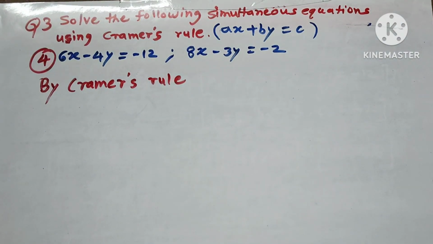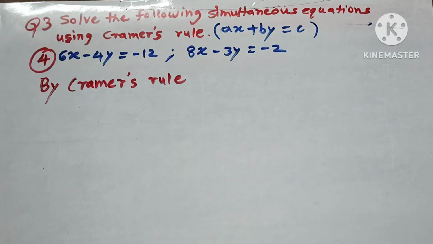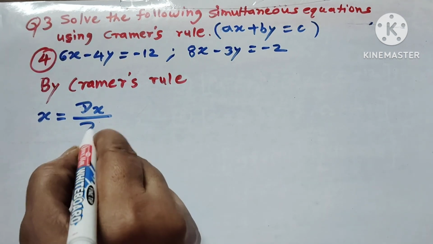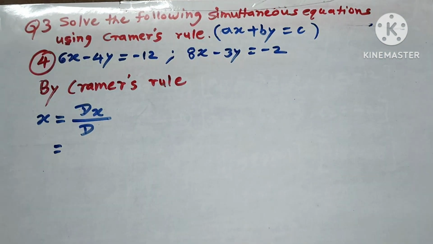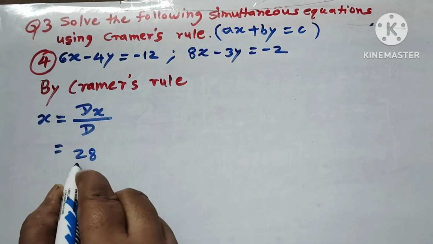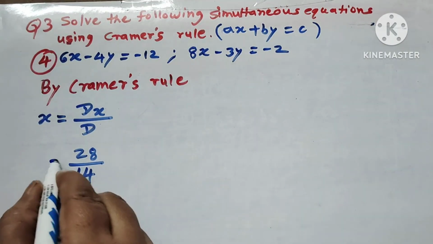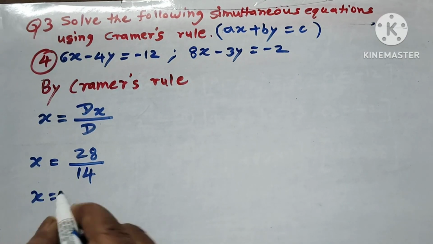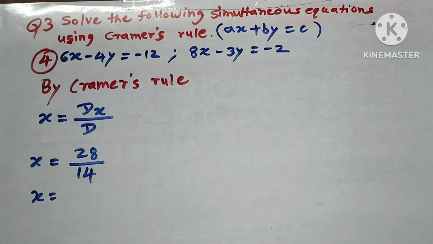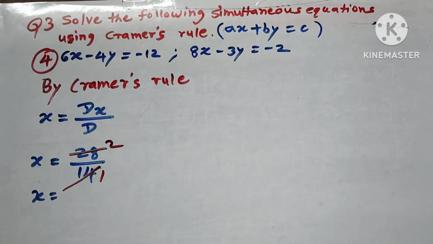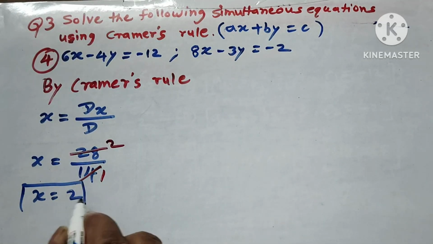By Cramer's rule, x is equal to dx upon d is equal to, put the value of dx, 28 upon value of d, 14. 14 ones are 14, 14 twos are 28, then x is equal to 2.